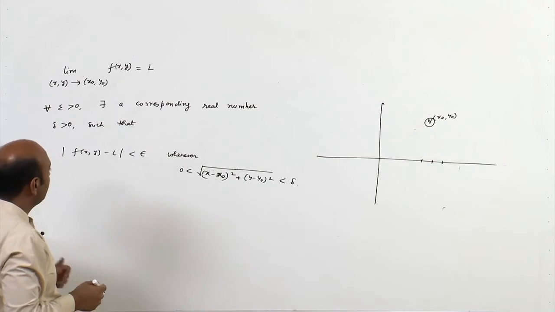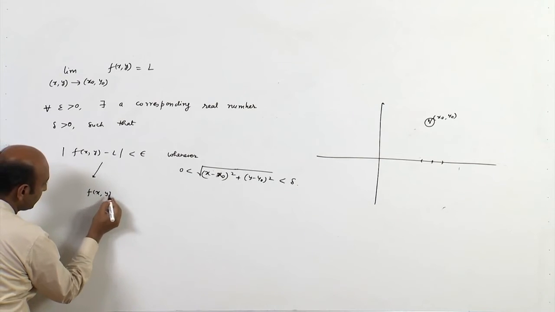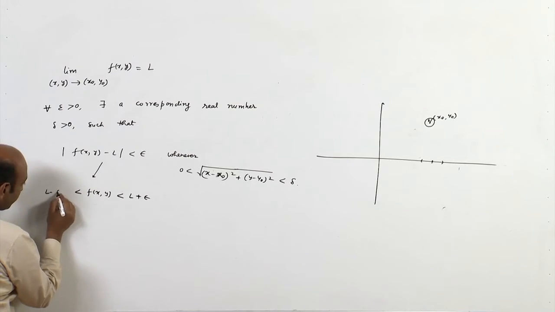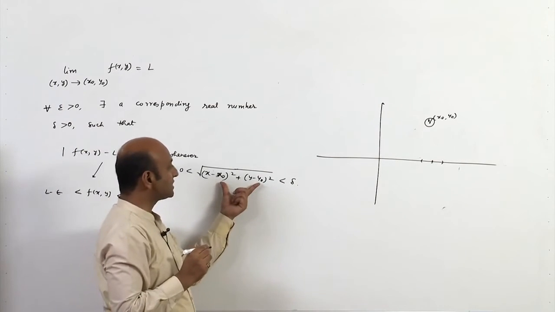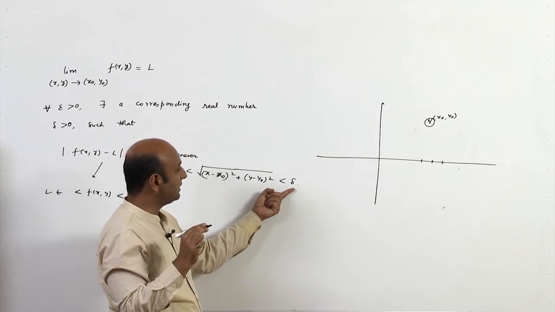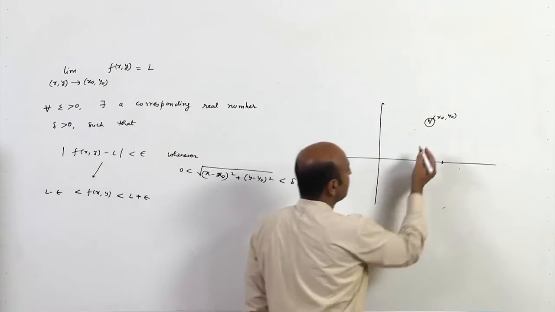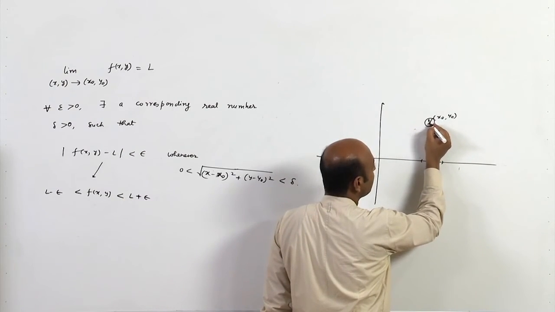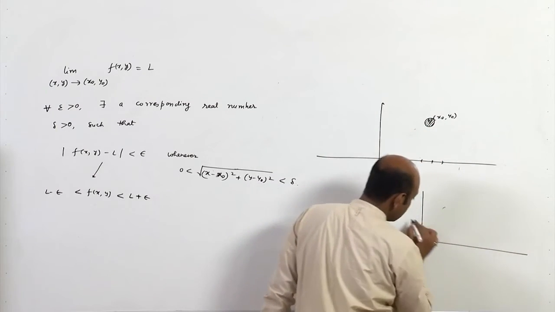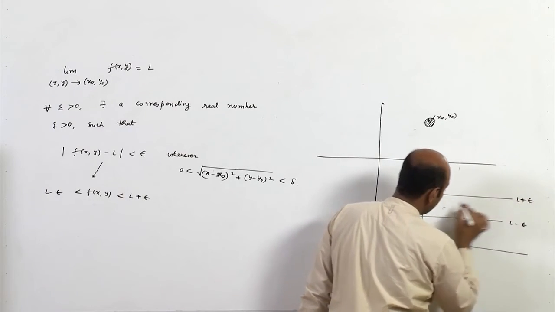It means that this inequality says f(x, y) lies between L minus epsilon and L plus epsilon, and this means all (x, y) that lie inside a disk of radius delta and center (x naught, y naught). That means this region, center (x naught, y naught) and radius delta, and this is L minus epsilon, this is L plus epsilon, and this is some L.